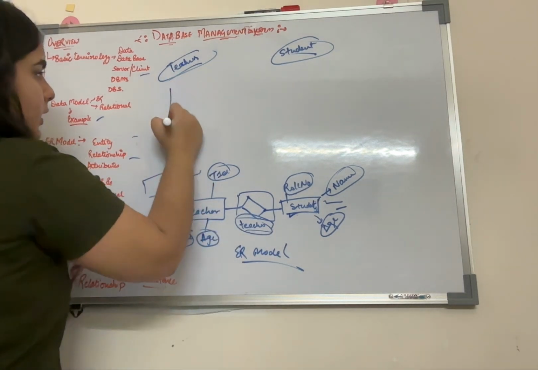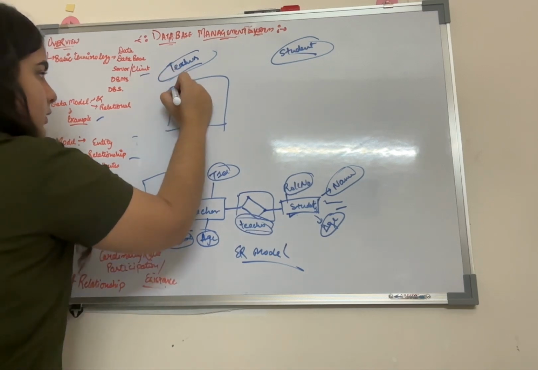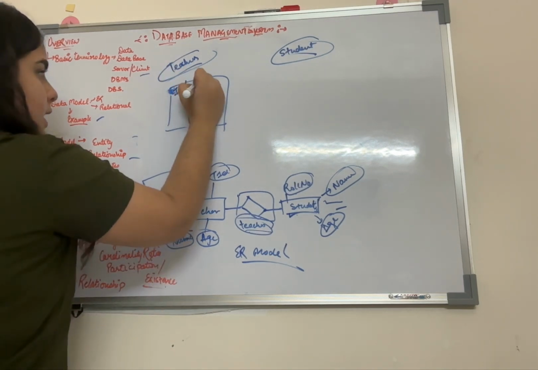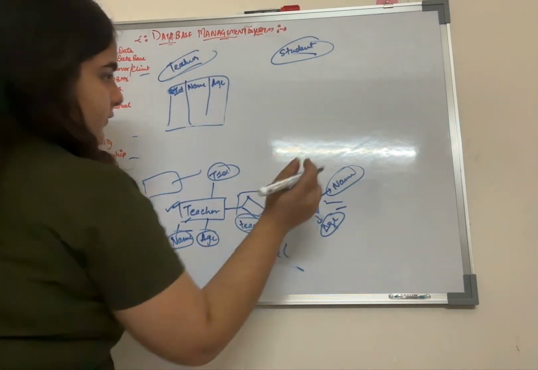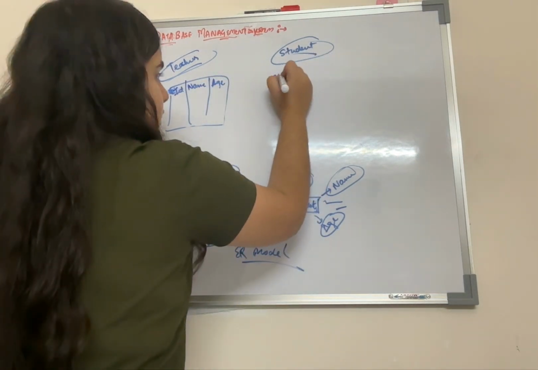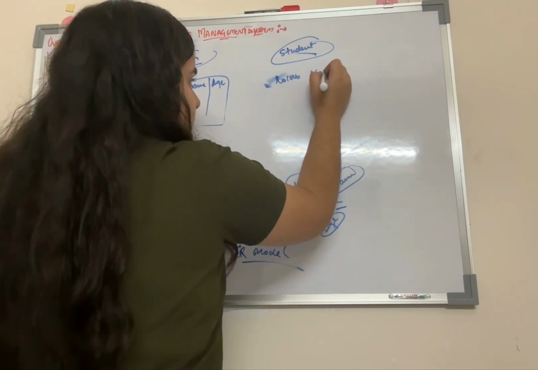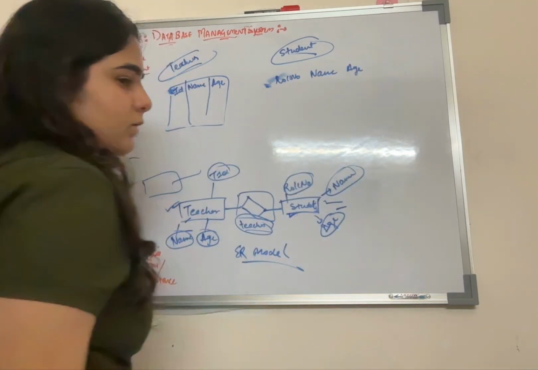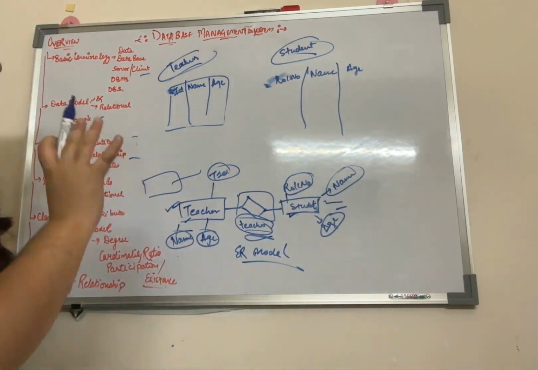First we'll put ID, name, age, and for student we will put roll number, name, and age. Also this relationship, for now just ignore it.